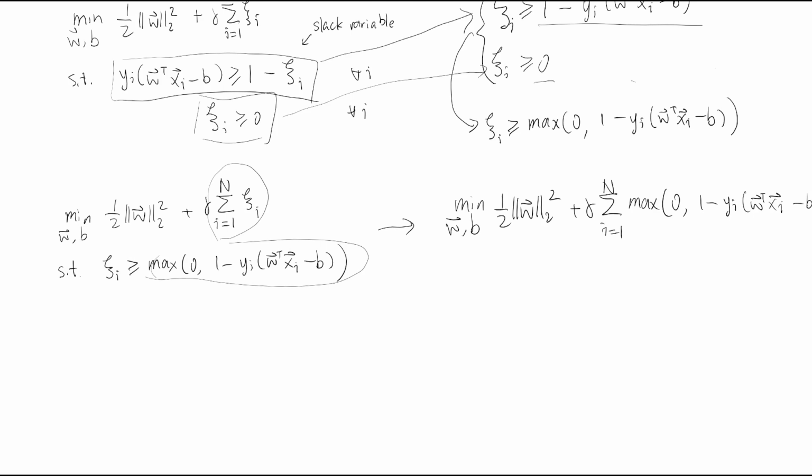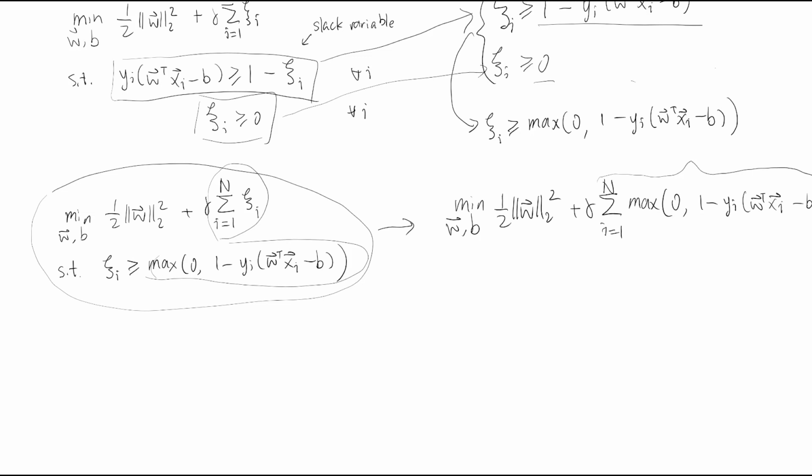Basically, we want to minimize this entire objective, including this part. That is the minimum slack we're allowed to give. At optimum, if you have a slack that is strictly greater than this max term, then that's not optimal.